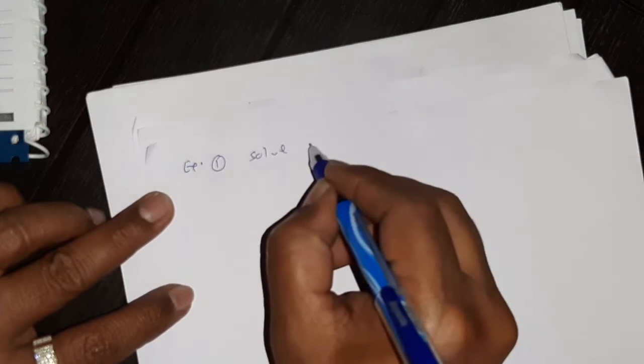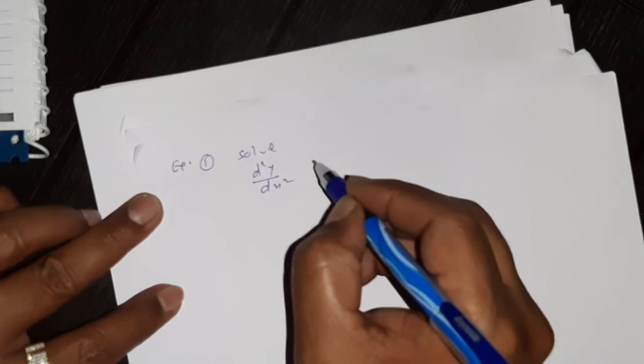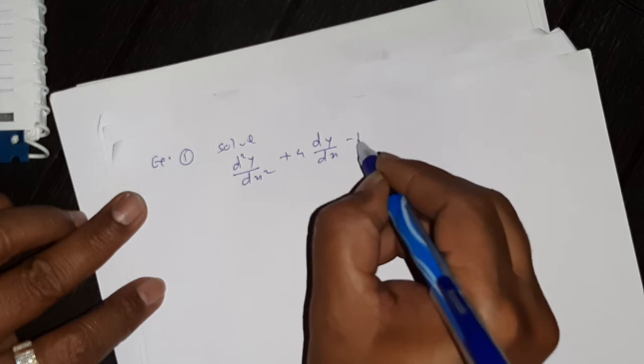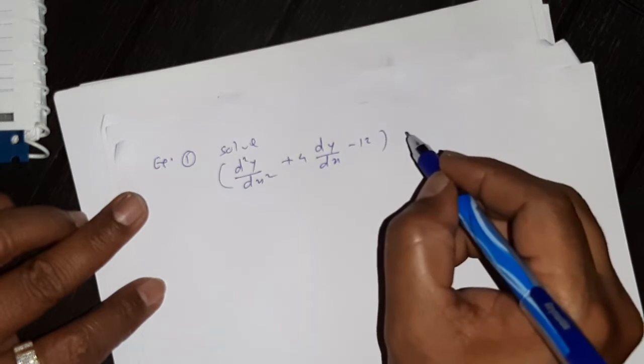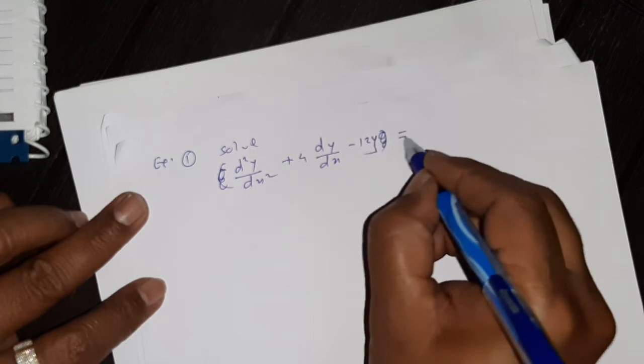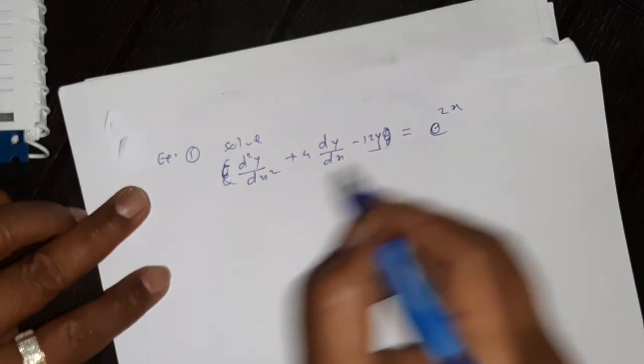Example number 1. The question is: solve the differential equation d square y by dx square plus 4 dy by dx minus 12y is equal to e raised to 2x.